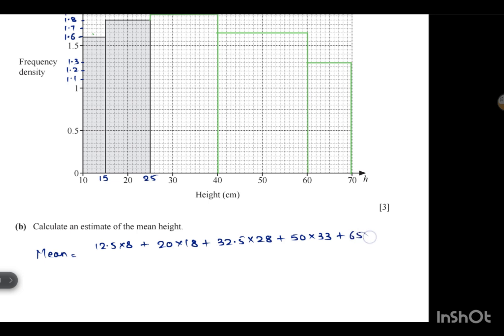I am multiplying the mid value with frequency and adding them for each class. Then the total number of plants is 100.